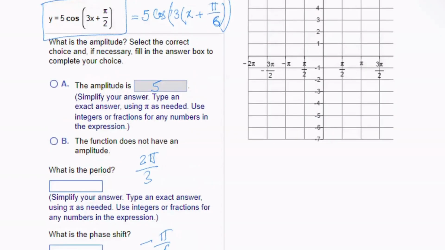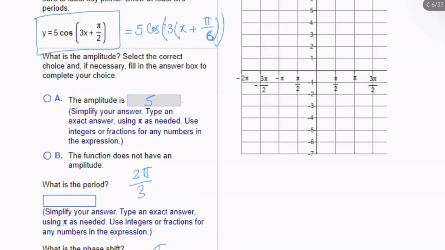If you don't write it in this form, you may be tempted to think that the phase shift is negative pi over 2, right? But the coefficient of x has to be 1. So we factor out 3 so that we have pi over 6.